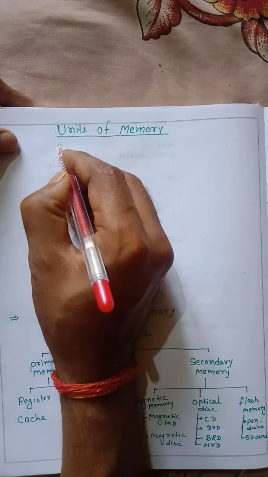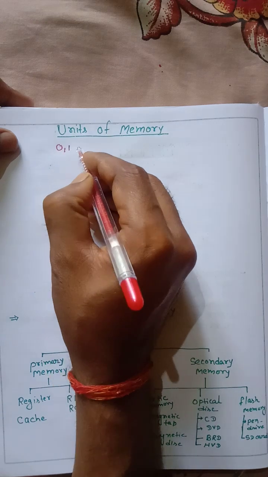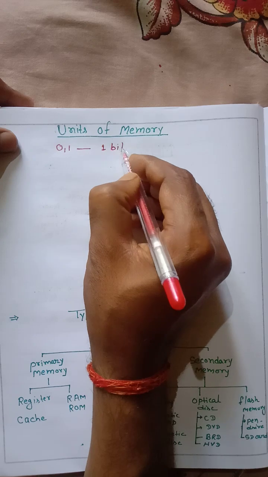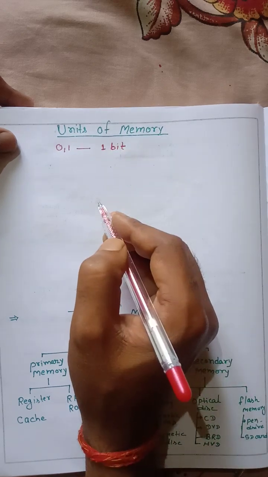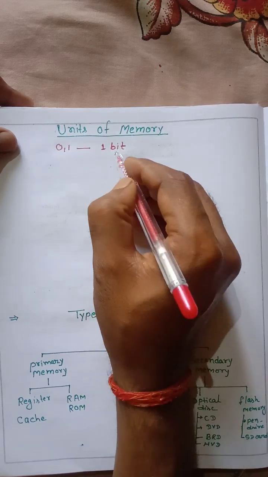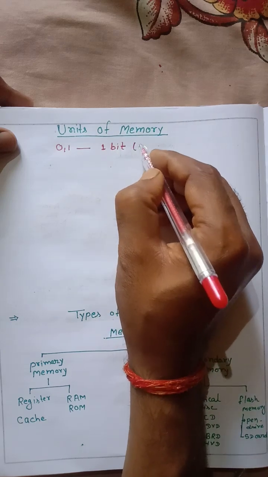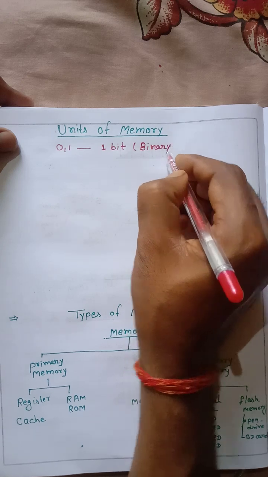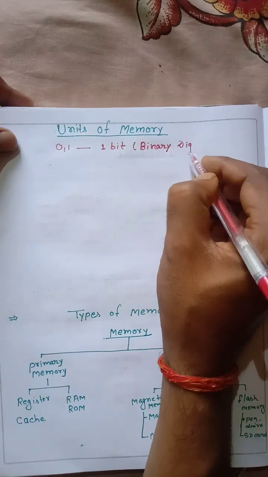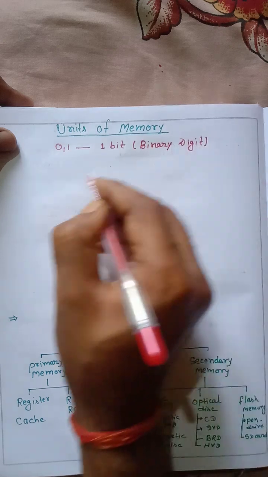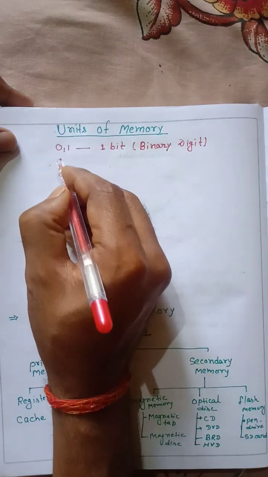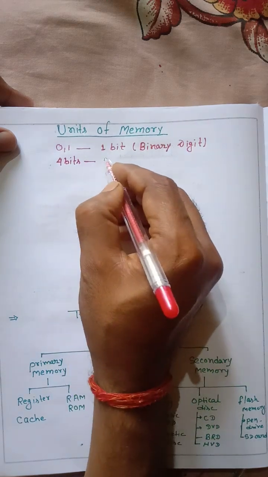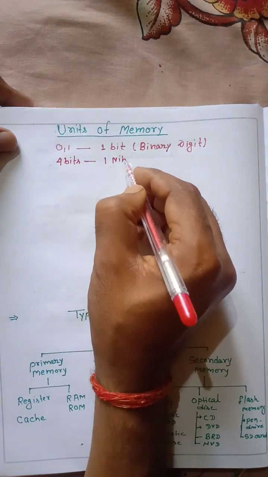Initially, 0 and 1 is called 1 bit, and bit stands for binary digit. The second one: 4 bits equals 1 nibble.